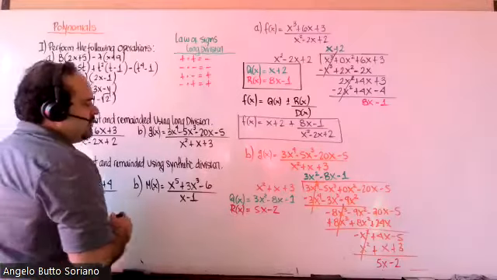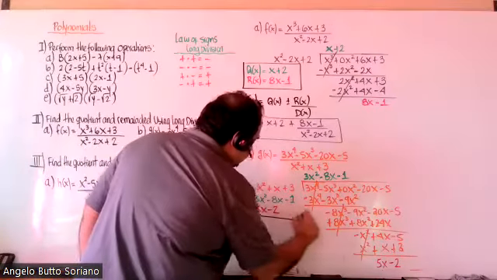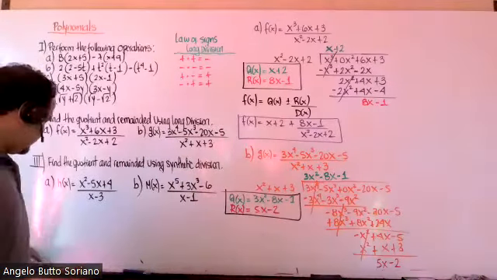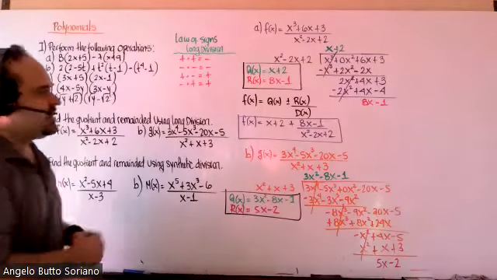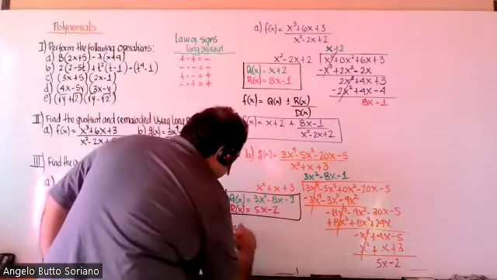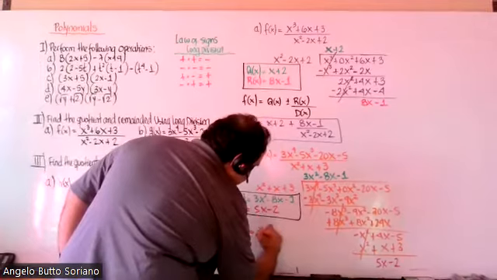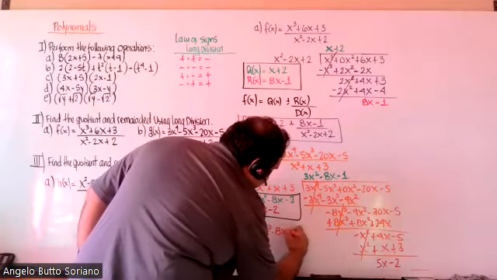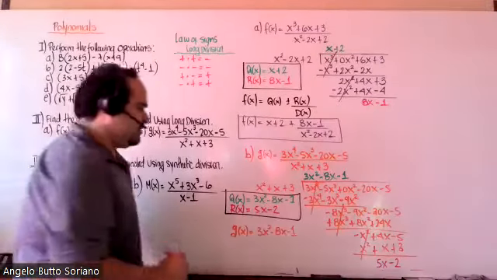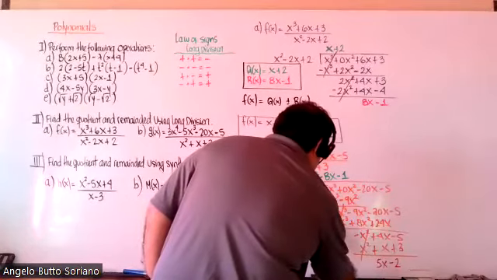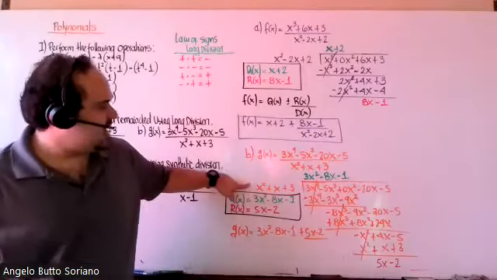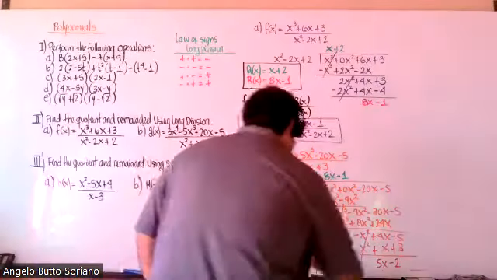And if you really want to write this answer in algorithmic form, just follow the formula. We have G(x) equals 3x squared minus 8x minus 1, plus 5x minus 2 over the divisor, and the divisor is x squared plus x plus 3.